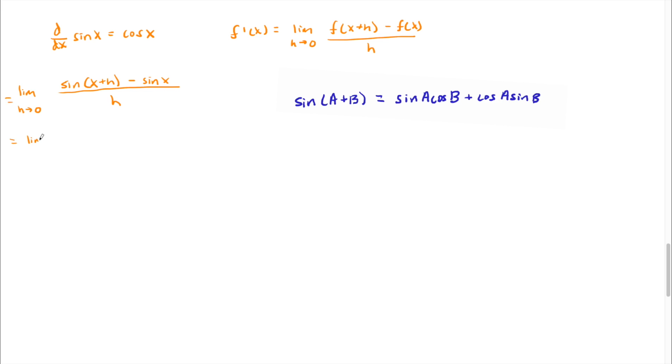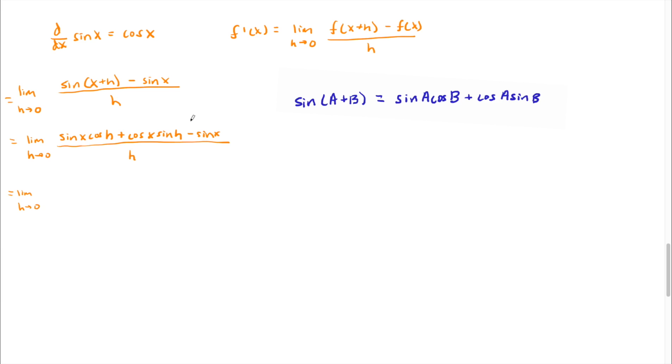So the limit as h tends to 0, it would be sine x cosine h plus cosine x sine h minus sine x, all divided by h. Now from this first and last term, we're going to factor out a sine x, and you'll see why we do that, because it'll give us those special common limits.